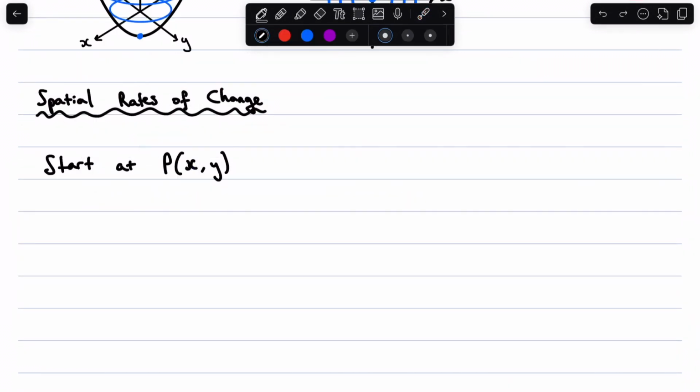We now look at some spatial rates of change. If we start at point P on our u surface, and that point is defined by x, y, and we move a small distance, delta x, which is equal to h, and therefore we move to this new point, Q, of x plus h, and we keep y the same, so we're only moving in the x direction by a small amount, delta x or h.